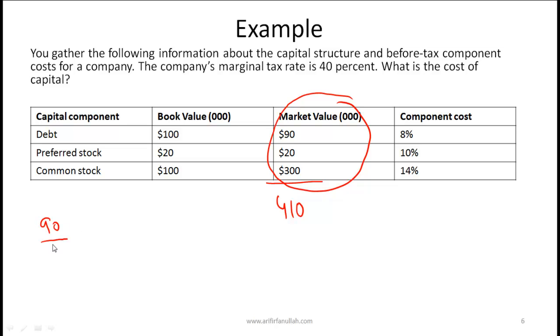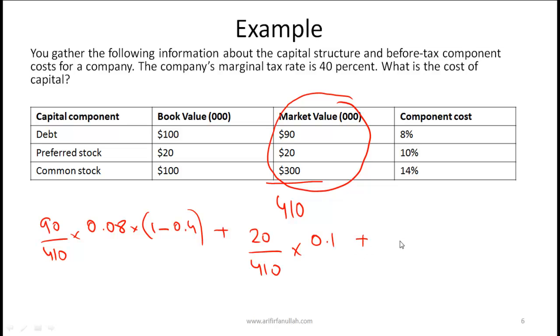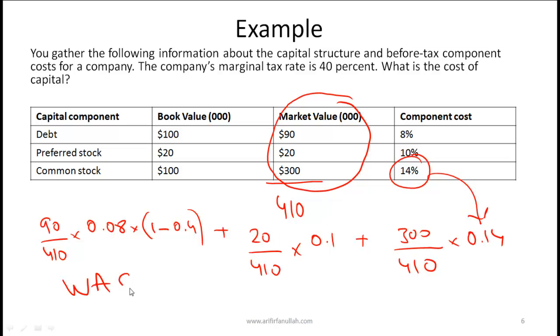It's 90 over 410 multiplied by 8%, 0.08, multiplied by 1 minus the tax rate, which is 0.4, plus we then do preferred shares, 20 over 410 into the 10%, which is 0.1, plus 300 over 410 into 0.14, which comes from here. So then you can just do the maths and get the weighted average cost of capital.